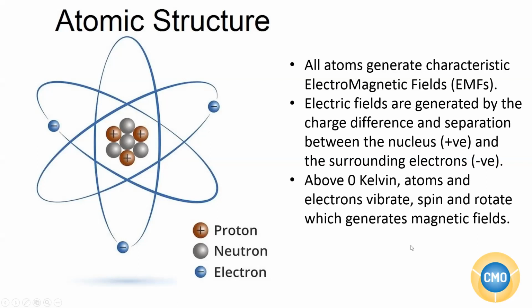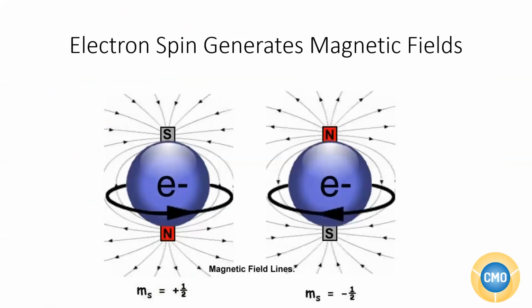When everything is above 0 Kelvin, which is absolute zero, approximately minus 272 degrees centigrade, atoms and electrons are vibrating, they're spinning, and they're rotating, and it's this movement which generates the magnetic fields. So this is again a diagram of electron spin and how they generate magnetic fields.